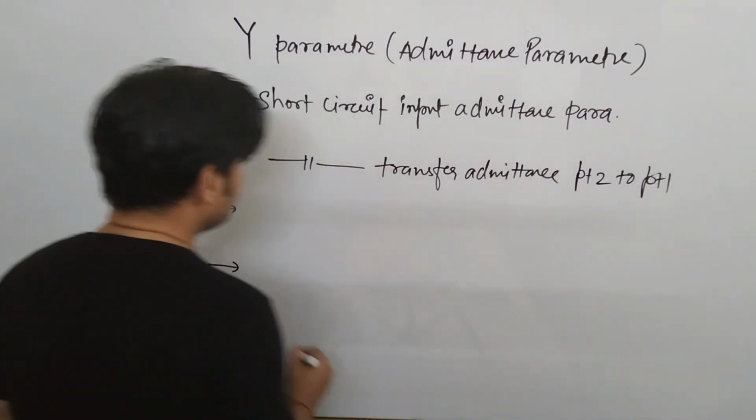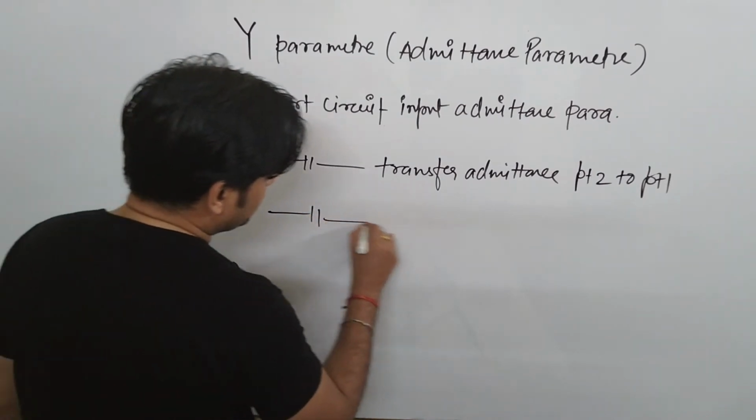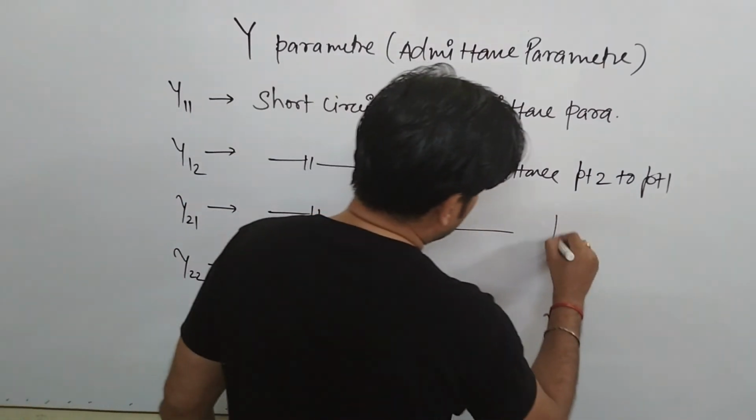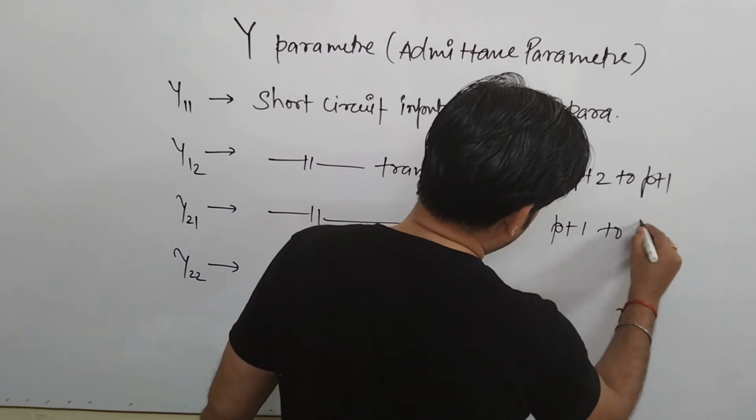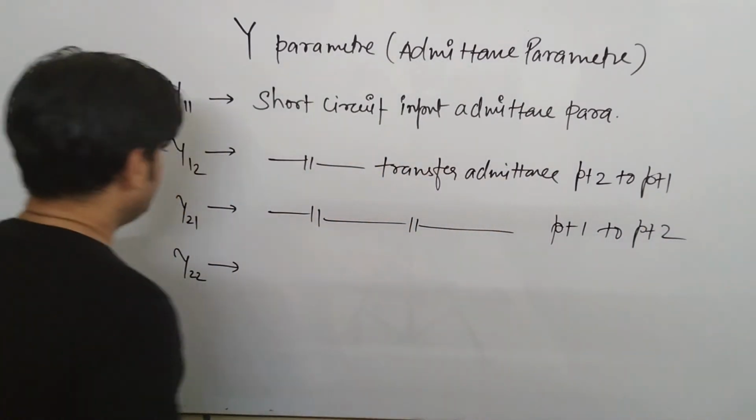Just keep that in mind. Similarly, Y21 is also a short circuit transfer admittance, but it is from port 1 to port 2.